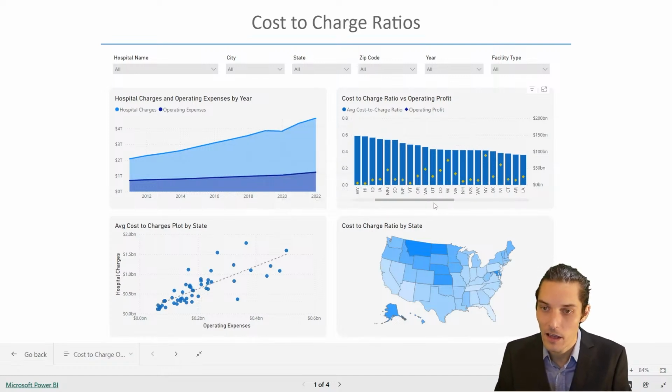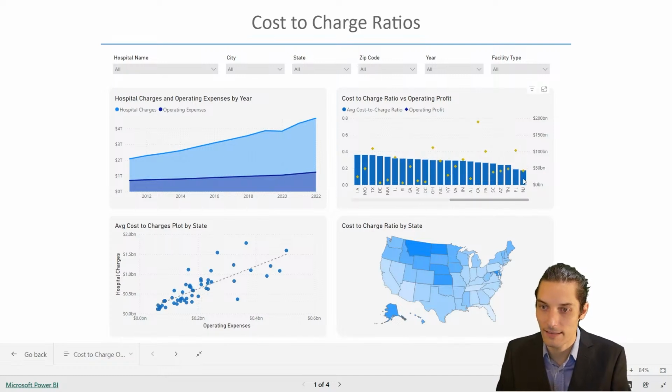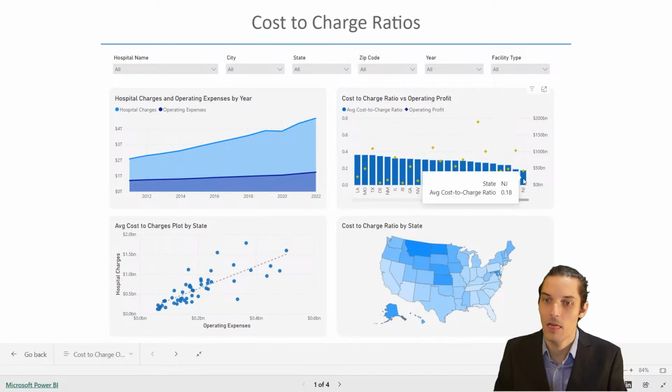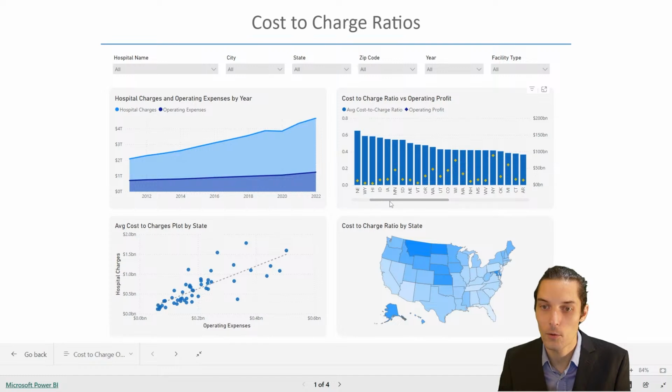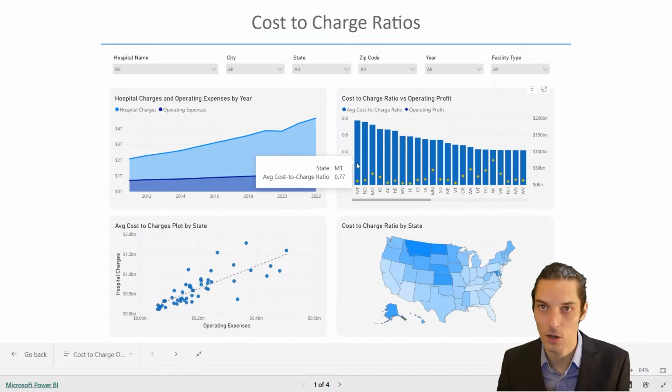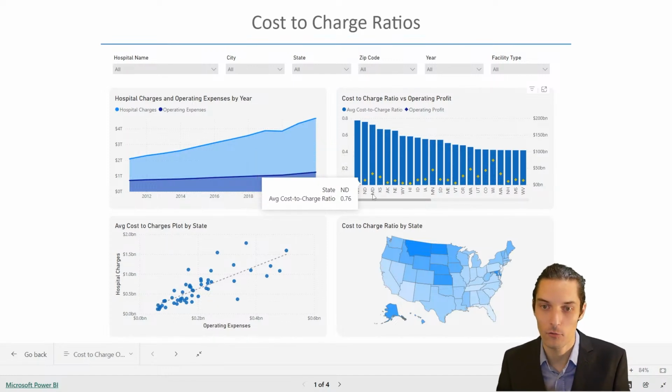On the other hand, if you go all the way to a state like New Jersey, then their cost to charge ratio is 0.18, where you have 80% there that can come down from what their cost is to what their charge is. So if your cost is high to what you're charging, then you're more in line with what is actually going on, and you don't have a lot of wiggle room.